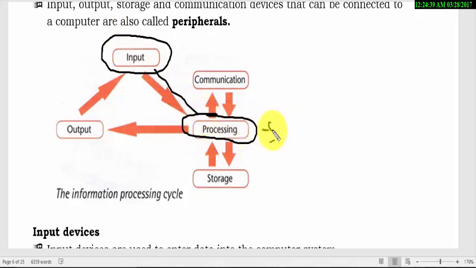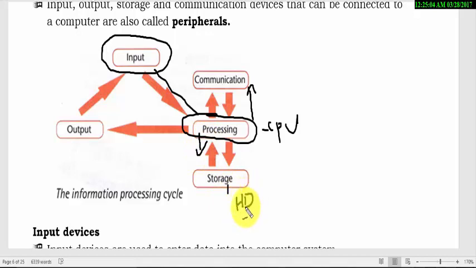Sometimes we may use communication devices to access a network or the internet, and this processed data or information can be stored on the hard drive and other media as we have discussed in our tutorial.